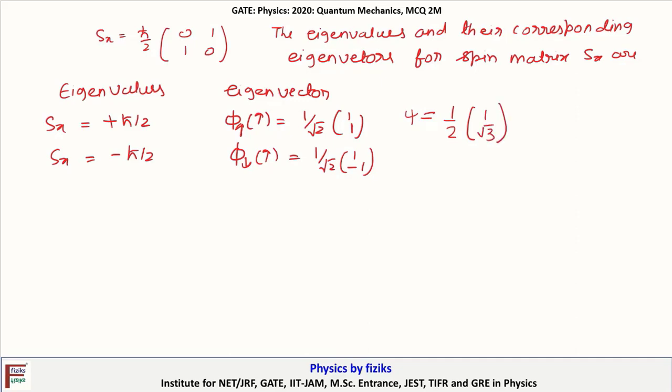Now we can express state psi as a linear combination of state phi up plus b phi down state.